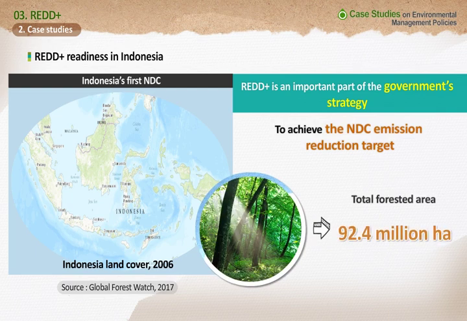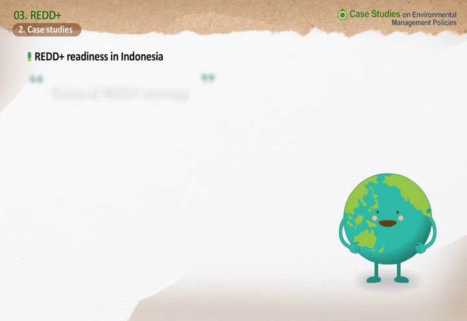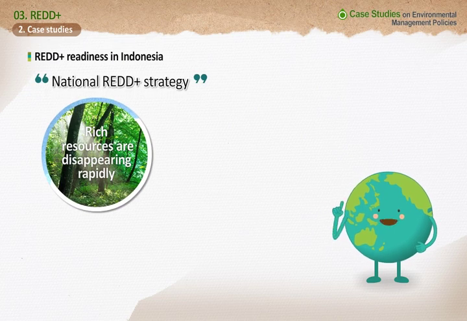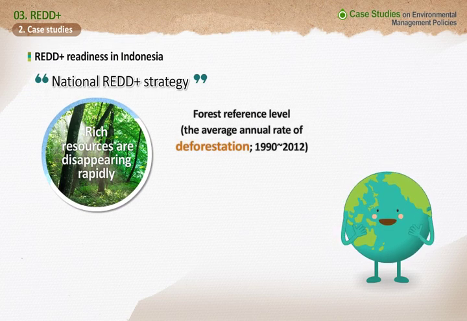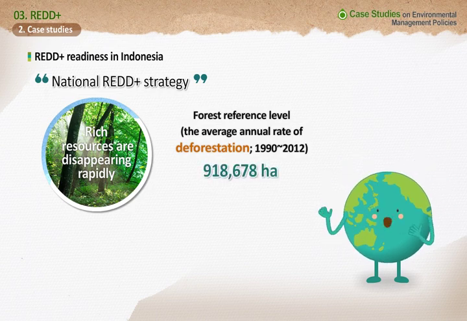Indonesia has a total forested area of approximately 92.4 million hectares, equivalent to approximately 48% of its territory. However, these rich resources are disappearing rapidly. The forest reference level that Indonesia submitted to the UNFCCC shows that the average annual rate of deforestation in the period of 1990 to 2012 was 918,678 hectares.